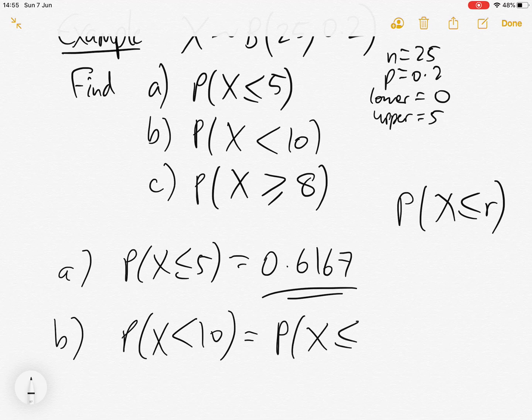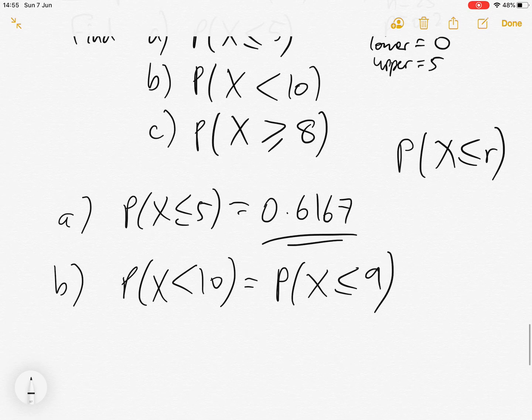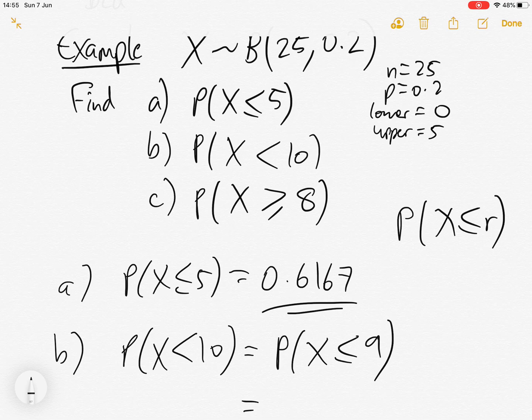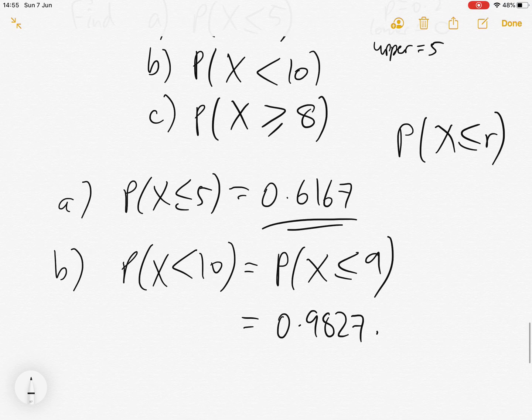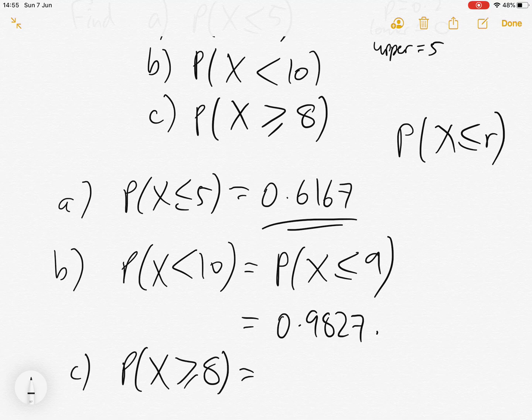So this is the same as the probability x is less than or equal to 9, because we couldn't have, for example, x equals 9.3. And then you can do the same thing, lower 0, upper 9, or use the table in the book, and we get 0.9827.